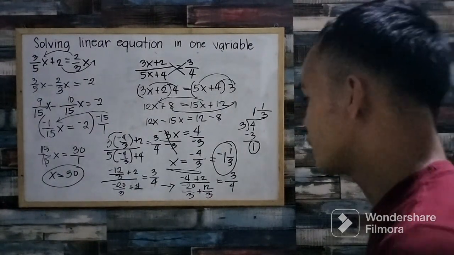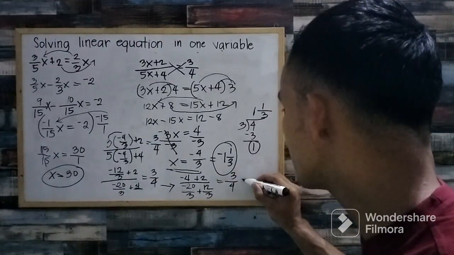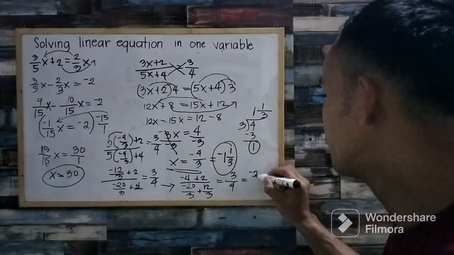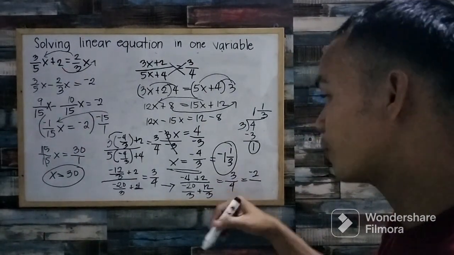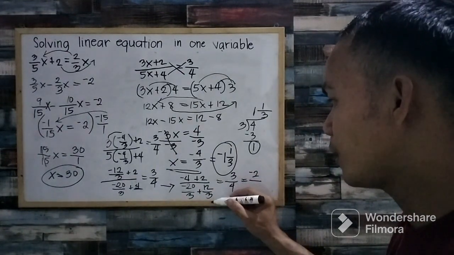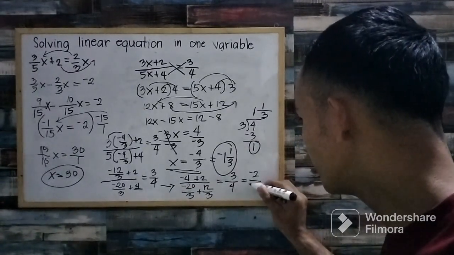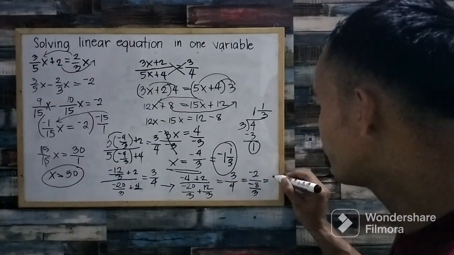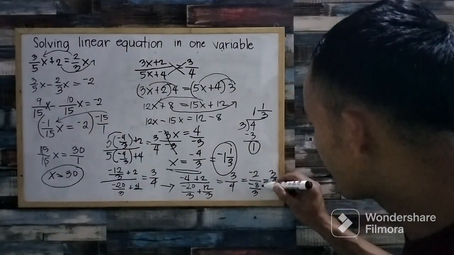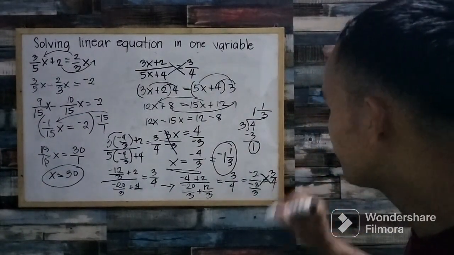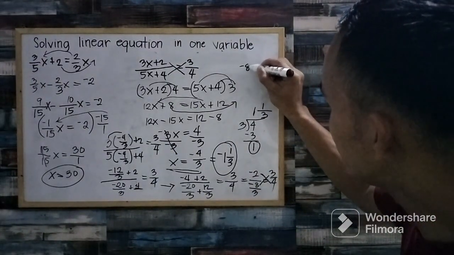Alright? So, now let us combine. So, negative 4 plus 2, that is negative 2 over, so negative 20 over 3 plus 12 over 3, that is negative 8 over 3, right? Negative 8 over 3 is equal to 3/4. Alright? And then we have to cross multiply. So that is, negative 2 times 4, that is negative 8.